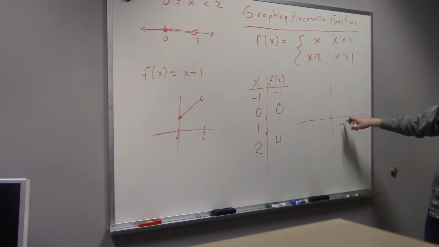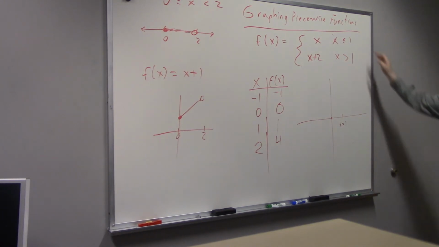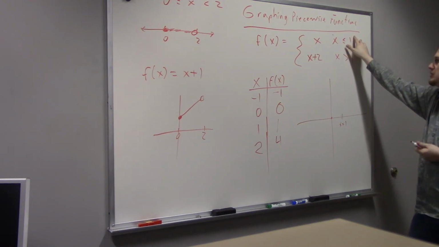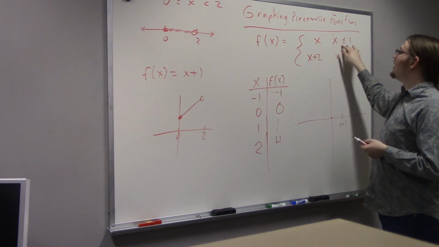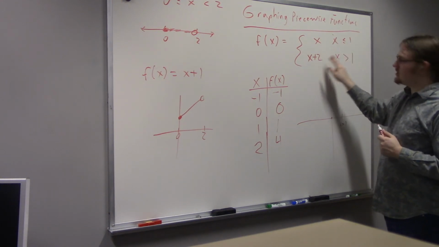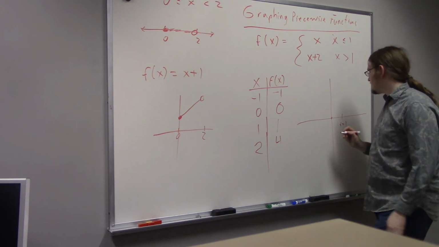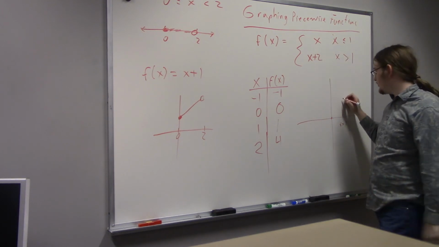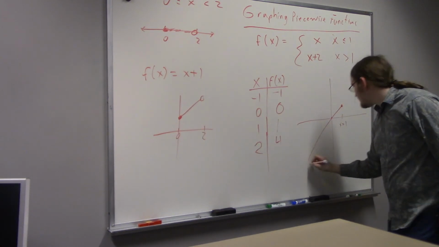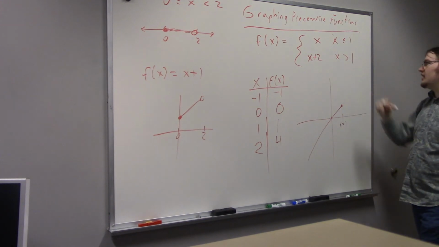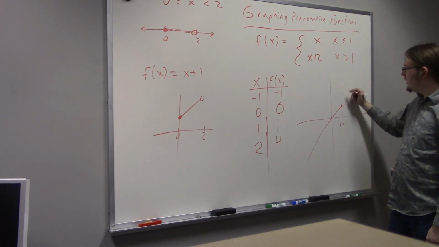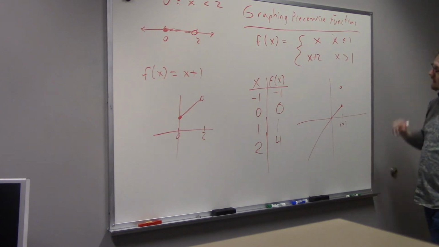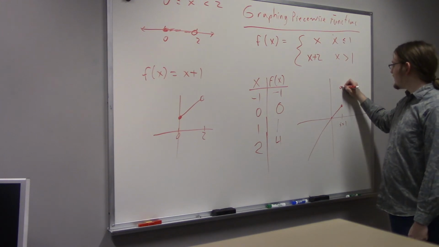We note here is x equals 1. So in order to graph our function, here's what we do. We graph this function on this domain, and we graph this function on this domain. So, for instance, x on x is less than or equal to 1, that would be this function. x plus 2 on x is greater than 1. We look at x greater than 1 here, and we graph x plus 2.